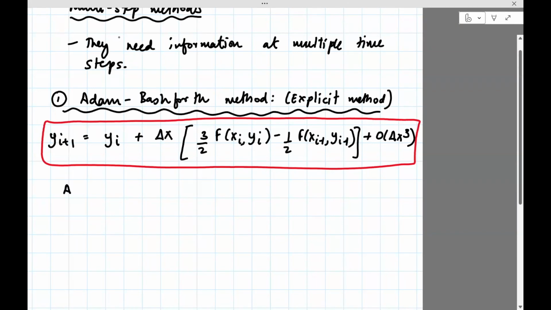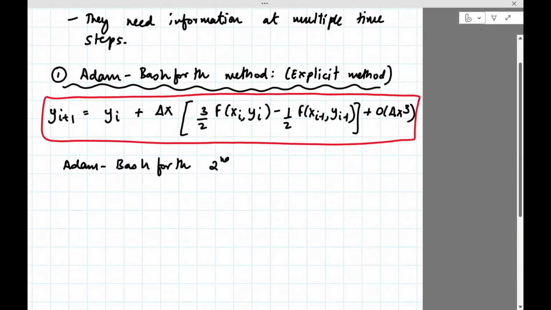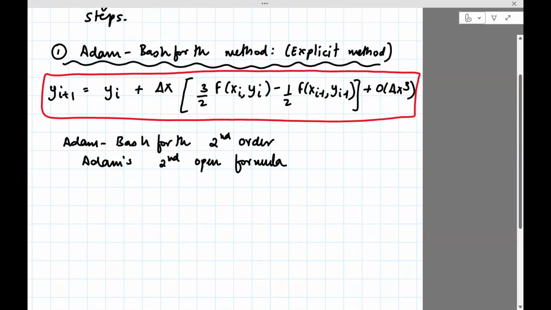It's called Adams-Bashforth second order. I'll tell you why it's second order. It's also known as the Adams second open formula. Okay, everything will become clear in just a bit.